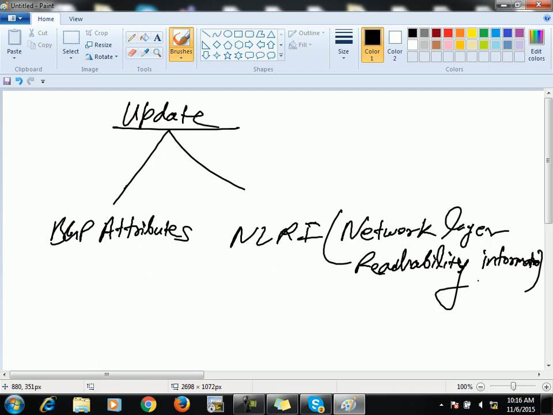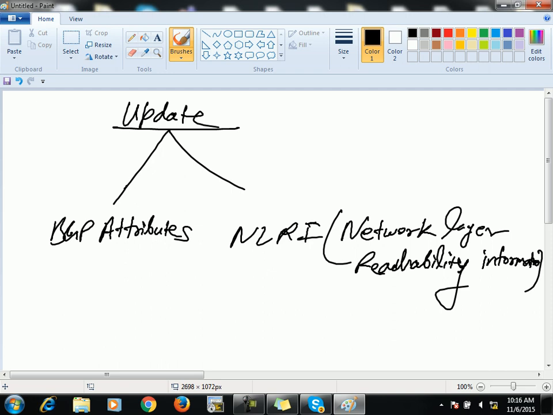BGP attributes and NLRI, right? I hope most of you are aware of the BGP attributes, as you learned BGP during CCNP as well. Like we have local preference, AS path, and all these things, right?